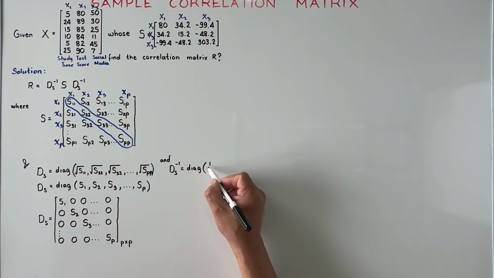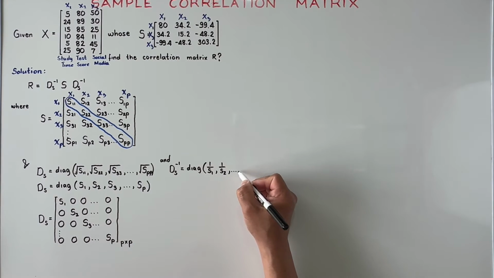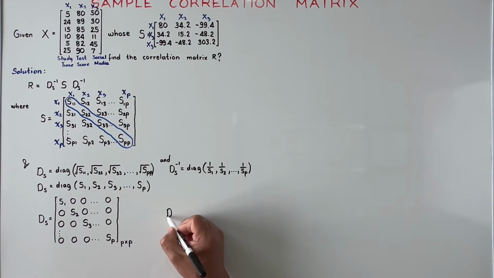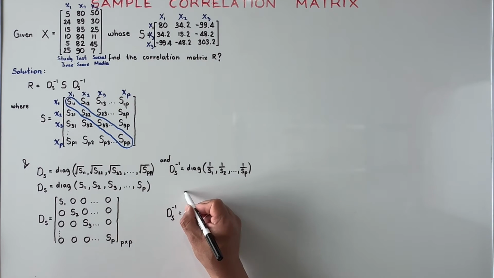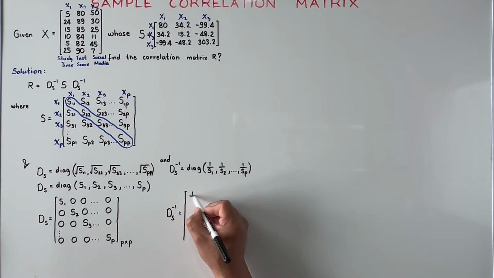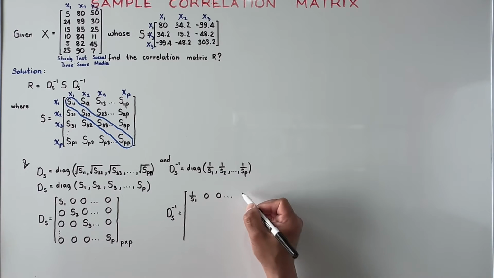So we have 1 over S sub 1, 1 over S sub 2, and so on, until you will have the reciprocal of the standard deviation of the last variable, which is S sub p. So writing our DS inverse here, we have a square matrix wherein the main diagonal are the reciprocals of our standard deviations here, but off the diagonal are all zeros.